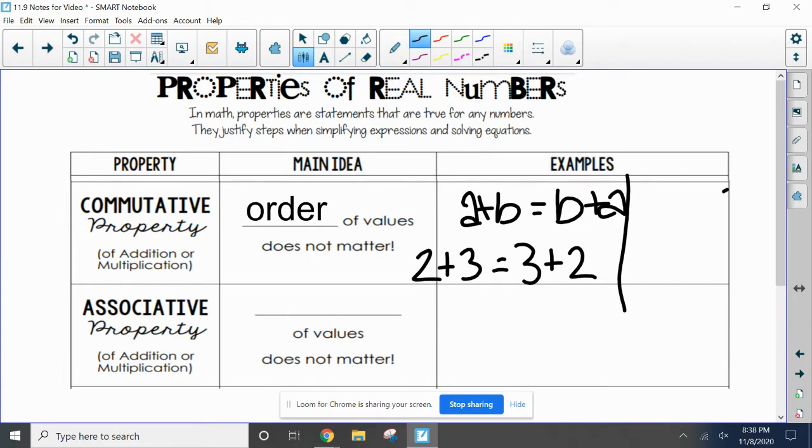And that works as well with multiplication. The order of those multiplications does not matter either. So we could have A times B. We know two variables next to each other mean multiplication, so you could write AB, or you could write A times B is equal to B times A. And an example of that is that we know 3 times 5 is 15, but the same thing, 5 times 3 is still 15.